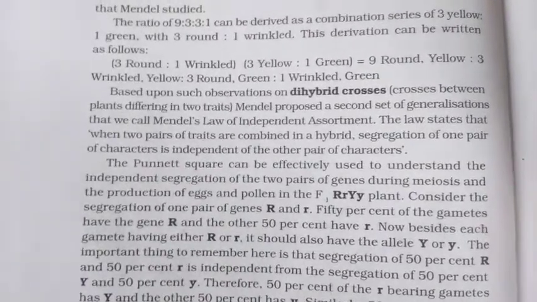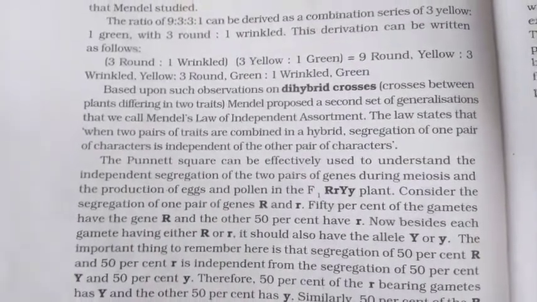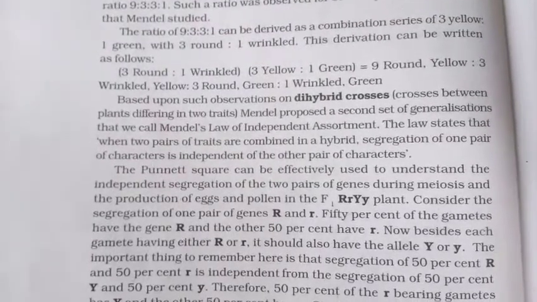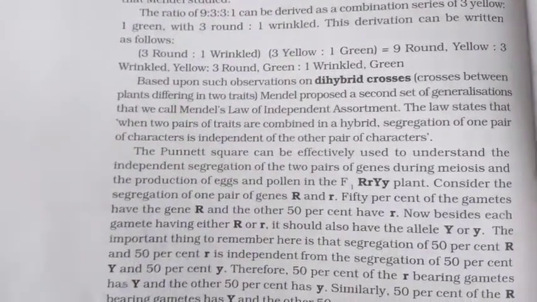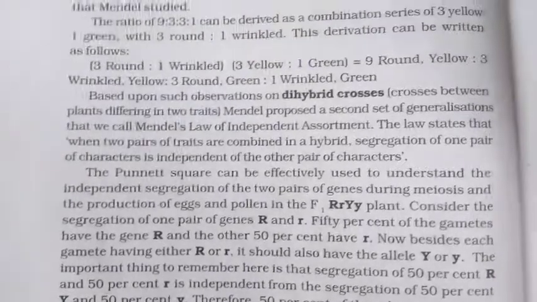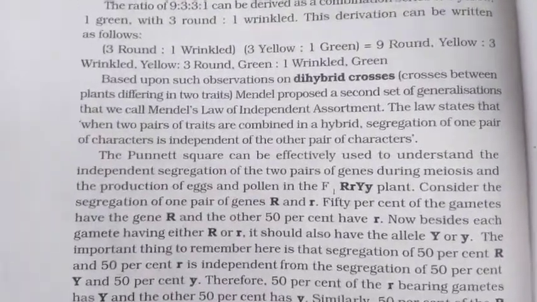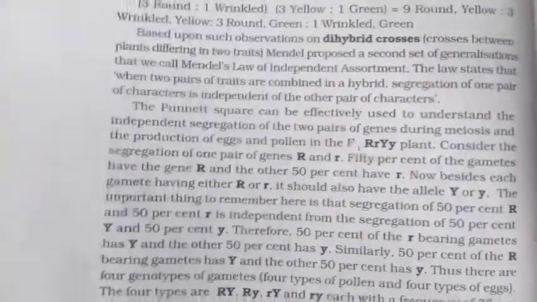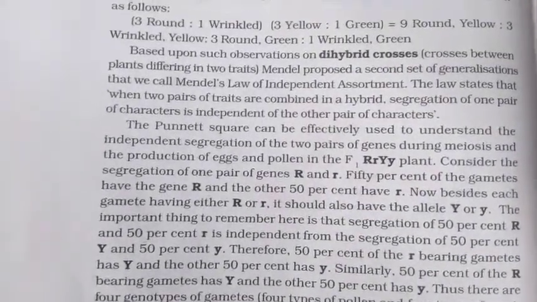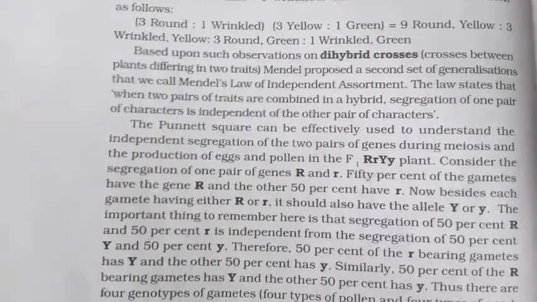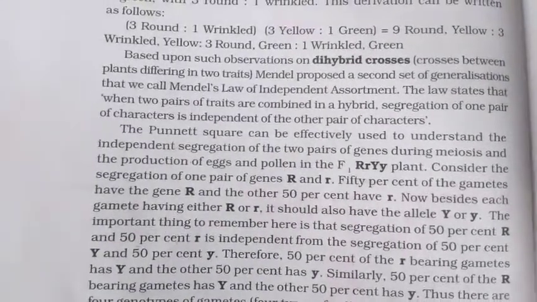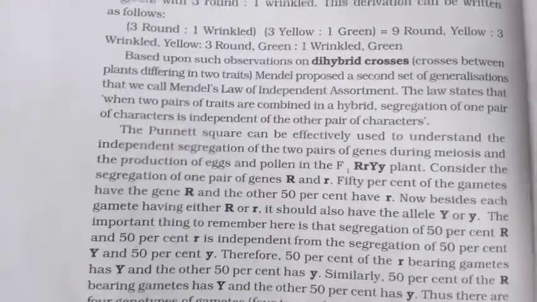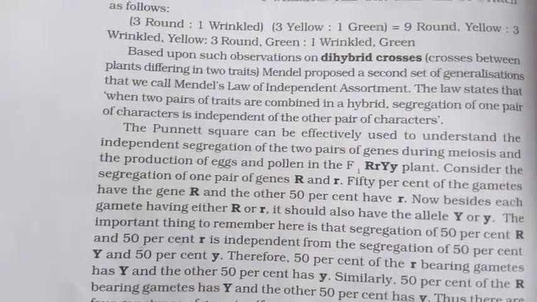Consider the segregation of one pair of genes, capital R and small r, for round and wrinkled shape of the seeds. 50% of the gametes have capital R and 50% have small r. Now, besides each gamete having either capital R or small r, it should also have the allele capital Y or small y, as we are studying two pairs of characters together.